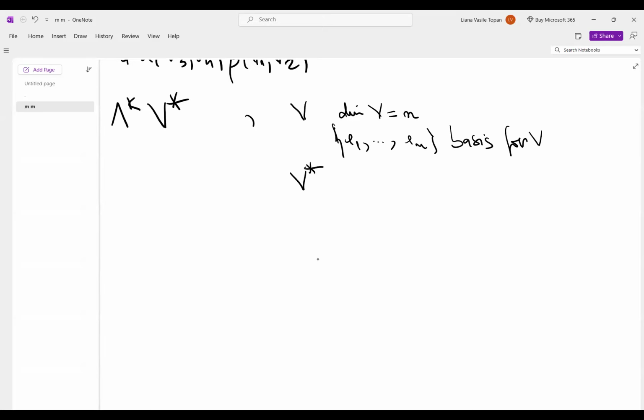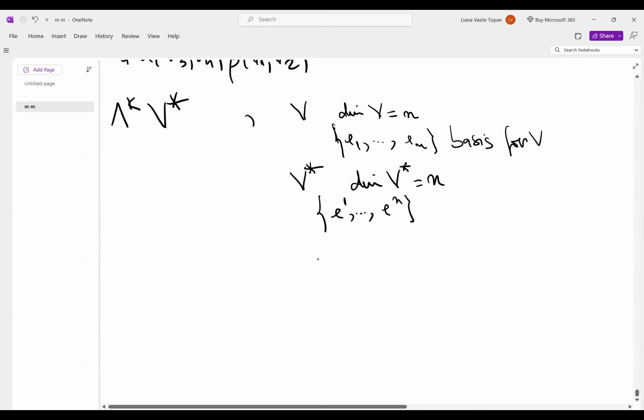The dual space V star will have the same dimension, and you will have a dual basis here. This is the basis for V star, the dual basis.